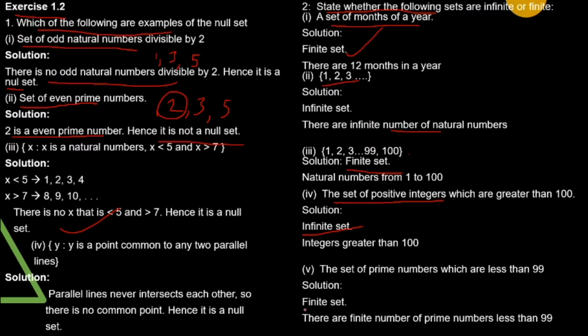Obviously, it is a finite set. We know what all are prime numbers. 2, 3. Obviously, till when we go till 99, the last prime number is 97. Okay. Any doubt? Hope no doubts. It's very clear and simple.